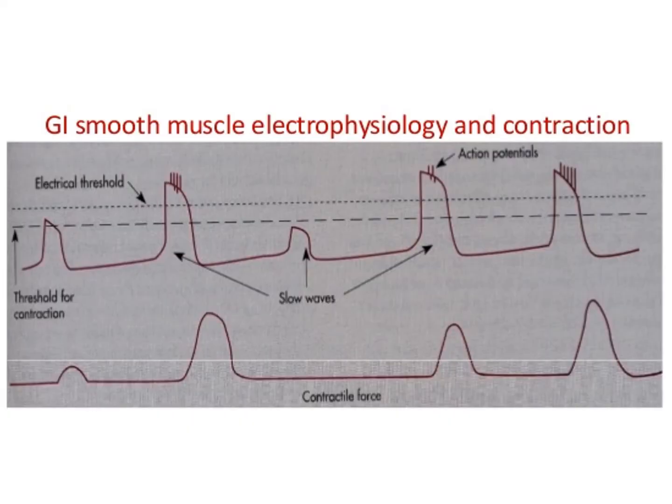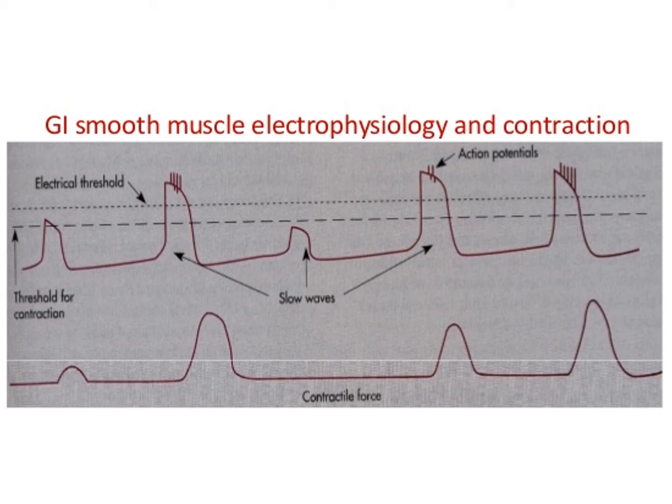This is a recording from a smooth muscle in the gut that shows what we just talked about. First of all, on the top part, you have action potentials along with slow waves. Slow wave is present always in the gut. Action potential can happen when there is a stimulation.